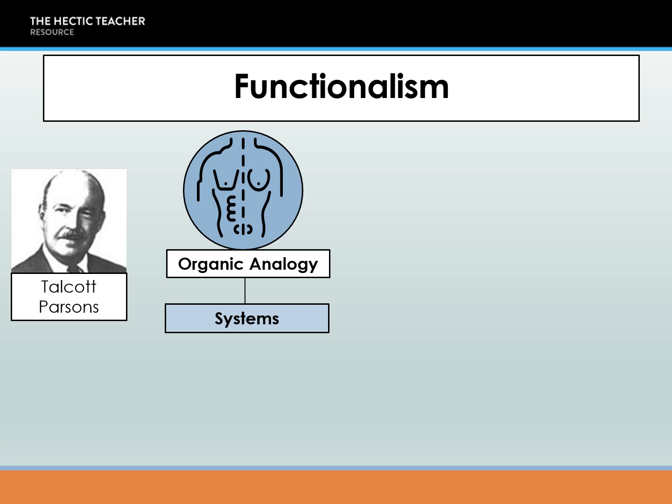Now, Parsons said that this was the same within society as a whole. So when one social institution perhaps isn't functioning to its best, then as a society we need to look at what's wrong with that institution and make changes.